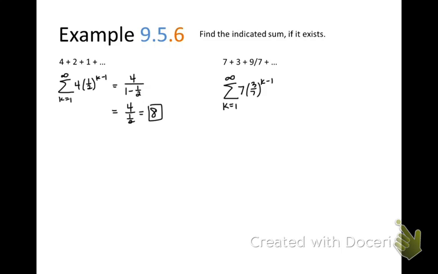And then as a formula, take your a sub 1 value all over 1 minus r, which is 3/7. So that's 7 over 4/7, which is 49/4. So that sum is approaching 49/4.